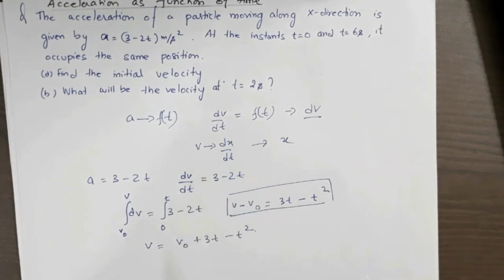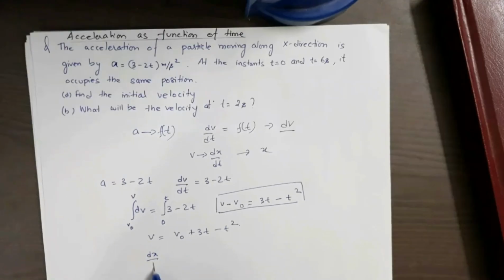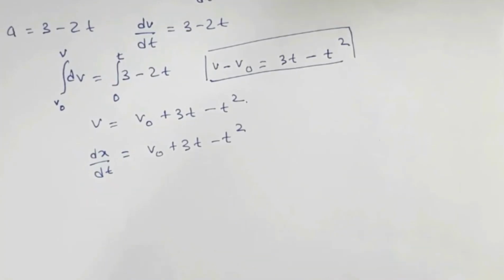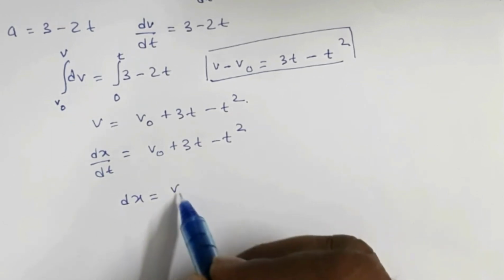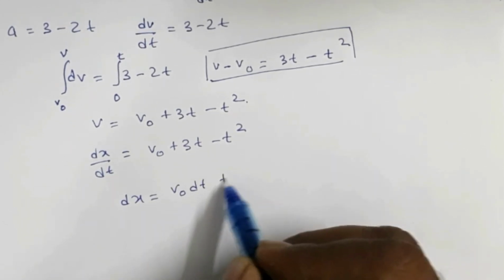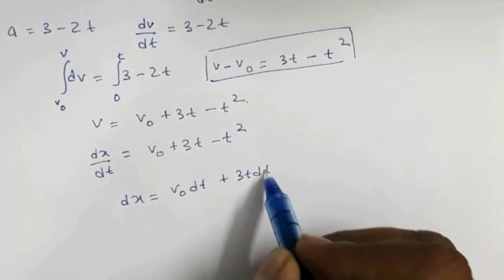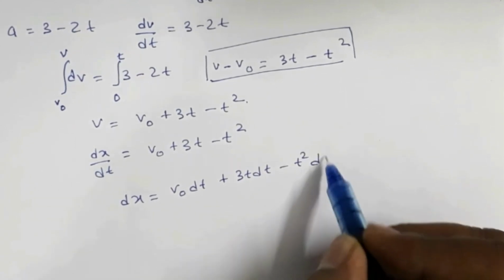So this v has to be replaced by dx by dt. So dx by dt is equal to v naught plus 3t minus t square. Now dx is equal to v naught dt plus 3t dt minus t square dt.